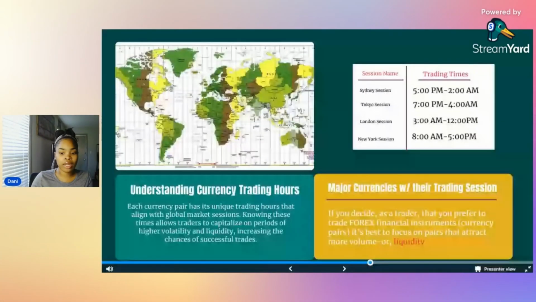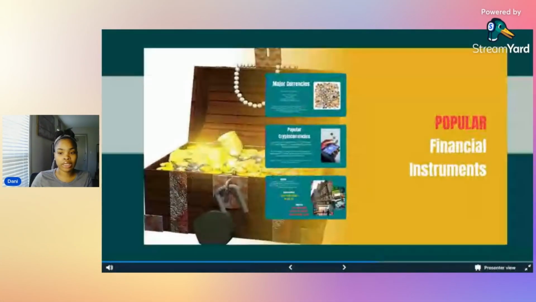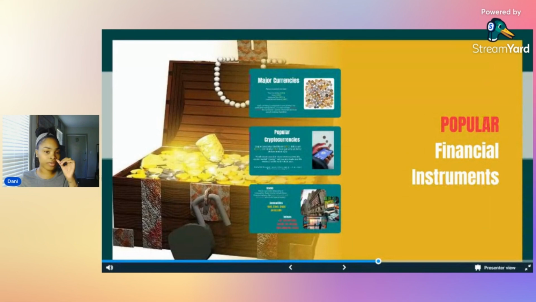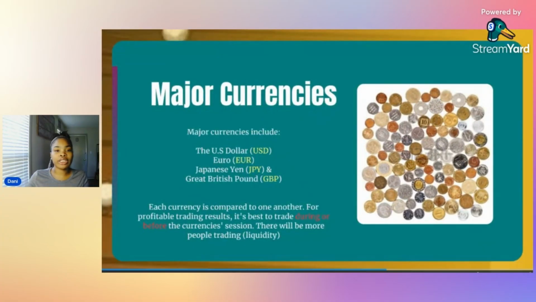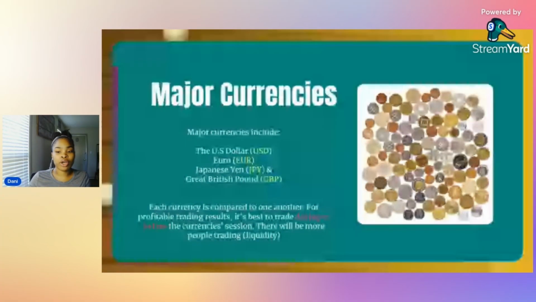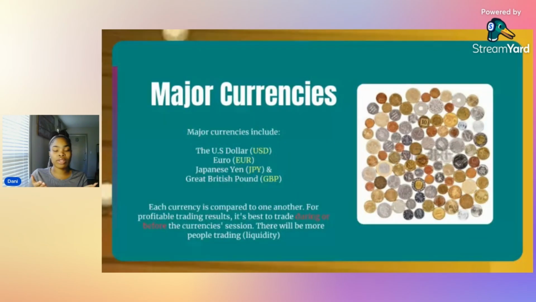All right, so we left off with our major currencies. Let's talk about our popular financial instruments. For your major currencies I mentioned in the previous video, you will have sessions that overlap, such as your London and New York session. That overlap period of 8 a.m. to roughly 12 p.m., noontime Eastern Standard Time, you're going to experience the most volatility in the market because of the time.